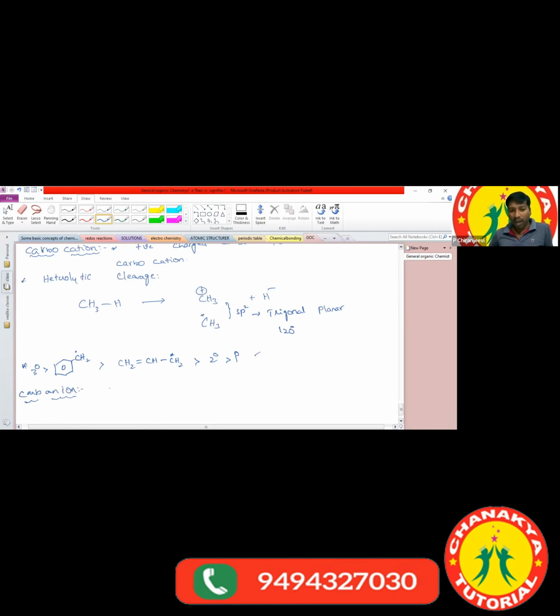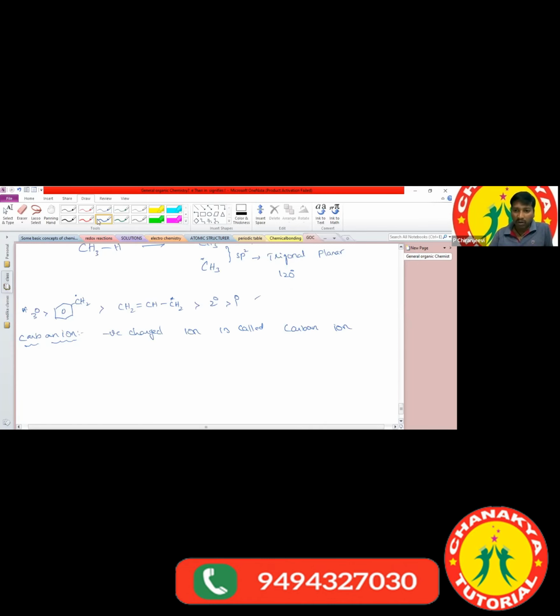The carbon which contains a negative charge, a negatively charged carbon, is called a carbanion.